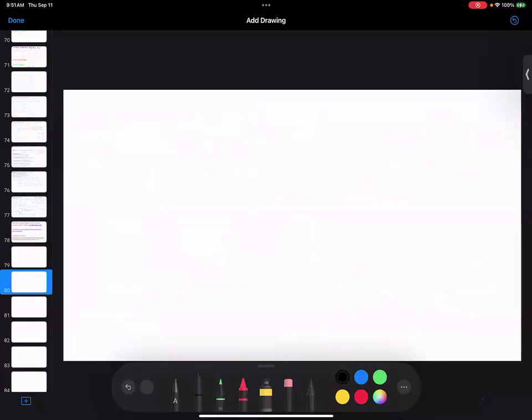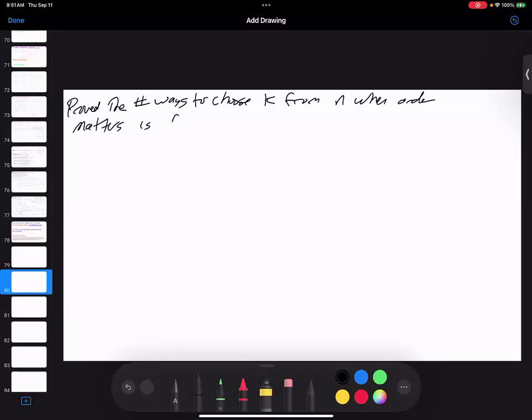So we just proved the number of ways to choose k from n when order matters is n factorial divided by n minus k factorial, and that's sometimes written nPk. And implicit in this is we're assuming n is greater than or equal to k, non-negative integers. You always want to be careful about where you can use a formula.